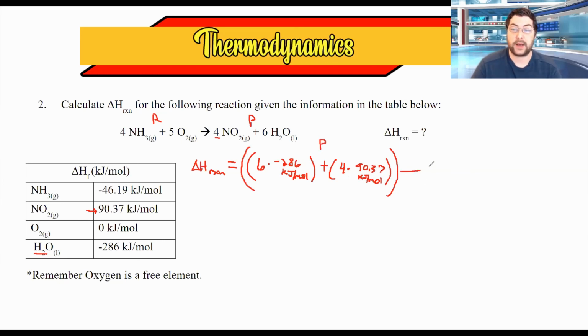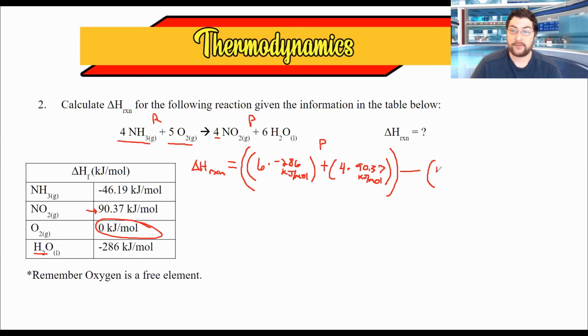So now we can do minus, and let's take a look at our reactants. So we have 5 moles of oxygen gas, but that's a diatomic molecule. It has 0 kilojoules for its heat of formation, so we ignore that. That leaves us with 4 moles of the ammonia.